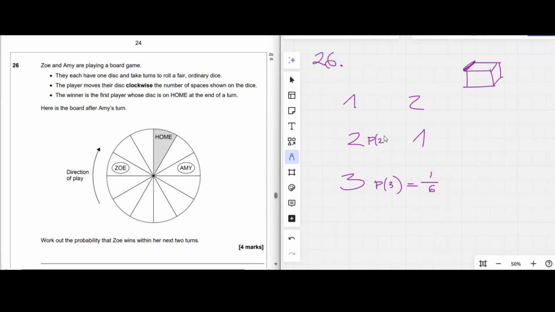Probability of 2 is again 1/6 and then times probability of 1, which is 1/6 as well. So the total probability is 1/36 because we need to multiply. Same at the top, it is 1/36.